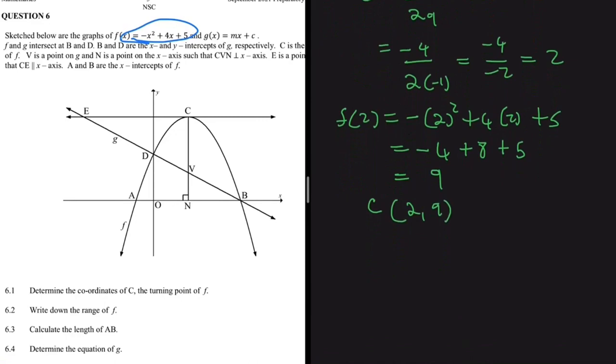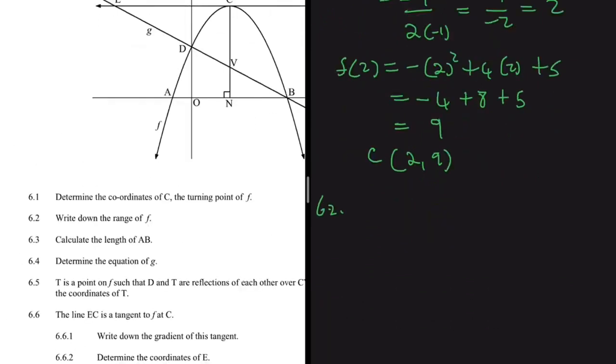And then 6.2, let's write down the range of f. So I've sort of come up with an idea for the range of f, right? So if f is concave down, then the range will be y is less than or equal to y of the turning point.